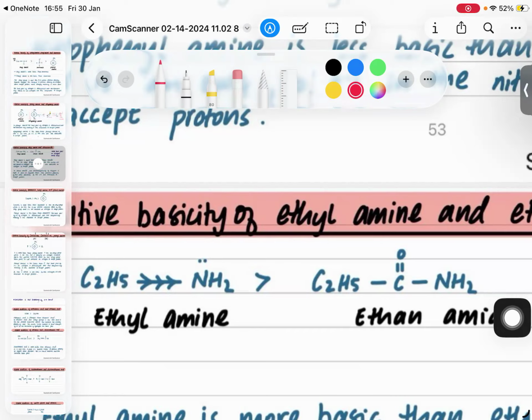The electronegativity of oxygen is more. What do you think, Lalma? Making it less basic than the other one.